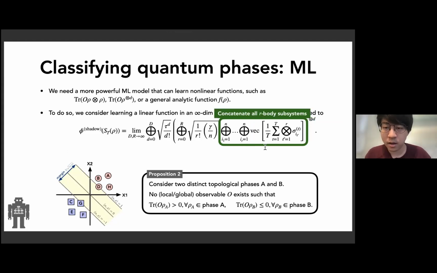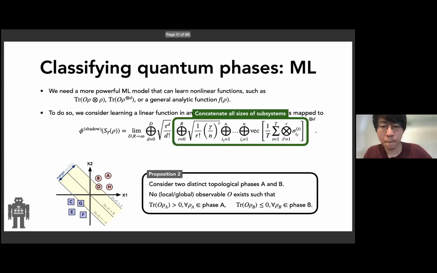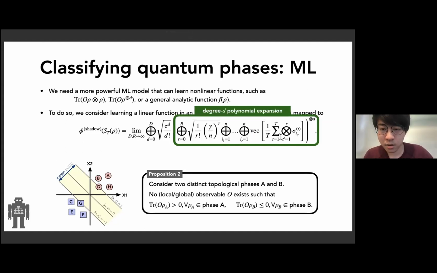Then we concatenate all the possible R-body systems. We just look at the vectorization and concatenate them. Then we concatenate all sizes of the subsystem, from size 1 to size 2 to size 3, and so on. If we just learn a linear function here, it will only correspond to a linear function in the density matrix. So what we do next is perform a degree D polynomial expansion.